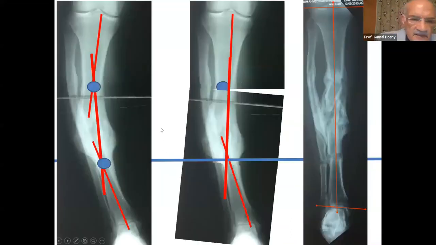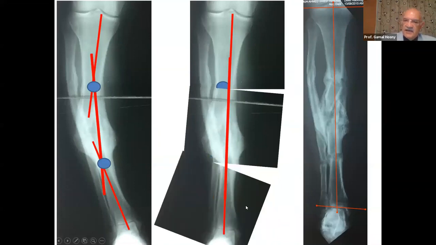And in this exercise, you see, again, we have two CORAs, and we draw the transverse bisector line of the proximal segment and the transverse bisector line of the distal segment. And now we have open wedge, and we can correct the deformity.